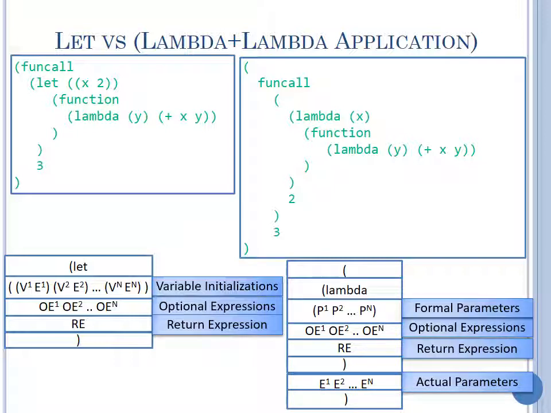Are the variable initializations required? Yes. Variables always have to be initialized, because whenever you evaluate a variable, it's got to have a value. Right, but if I had let of no variables and then just did the body, would that work? I wondered about that, and I didn't bother to look at it because why would you do it?